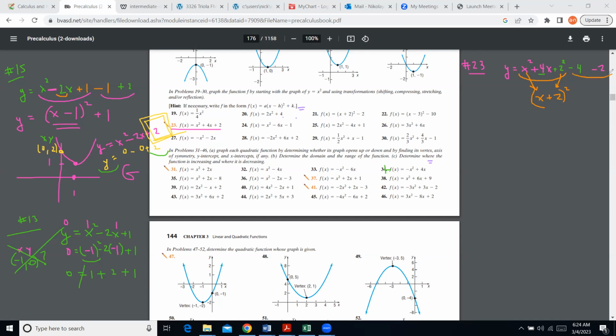And then the rest is -4 and -2, which is -6. And I just produced the same equation, but in a form that I can graph. And that's the idea.